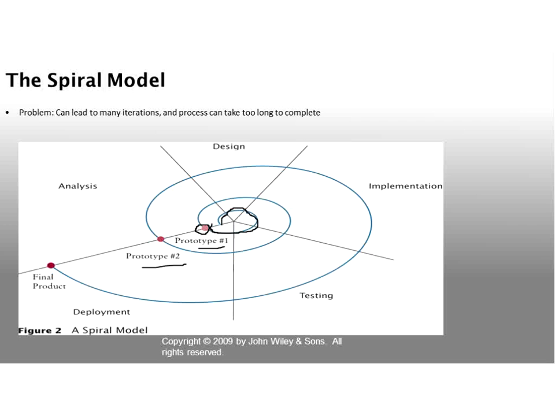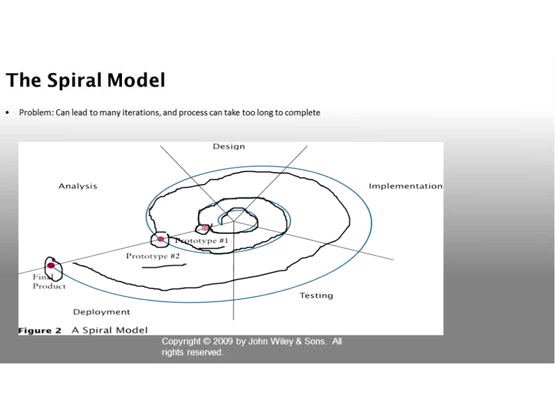It is the exact replica of the original one, but obviously it has limited functionalities and features, because we have not completed it. So the next iteration will begin, and again we have all these phases: analysis, design, implementation, testing, and deployment. The end product will be prototype 2. This prototype 2 will have additional features, methods, and functionalities, and we can find out what we have done so far.